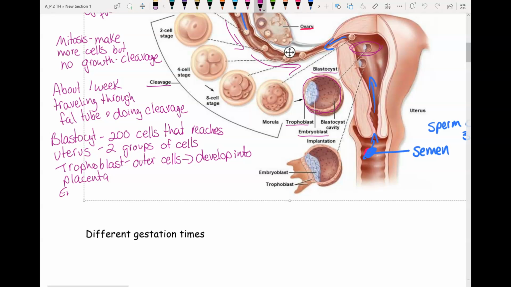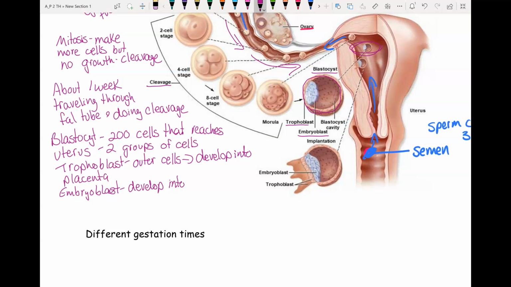Then you have the embryoblast. These are the cells that will become the embryo. So this is these blue cells here on the inside. That's the embryoblast.